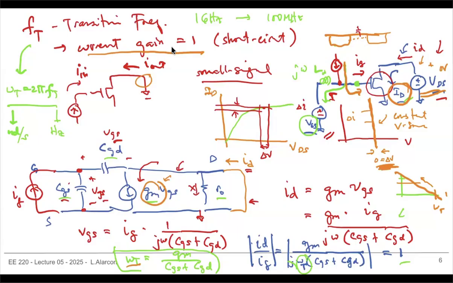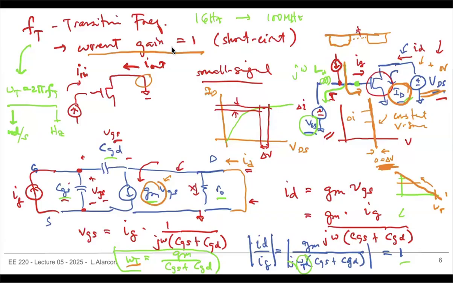So omega t is actually a characteristic not only of your transistor, but of the DC bias of your transistor. So when you start designing with a bunch of specs involved, what GM do I use? It's the GM that you need to drive your capacitance, for example.